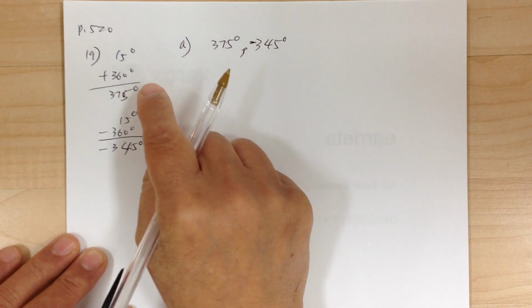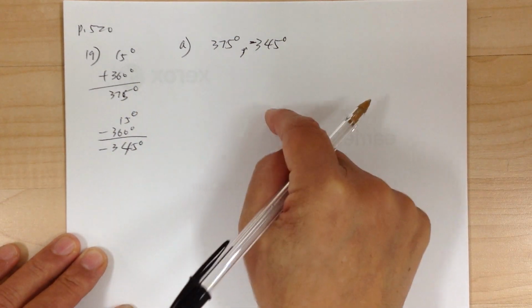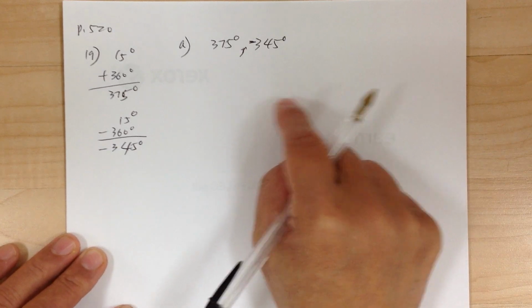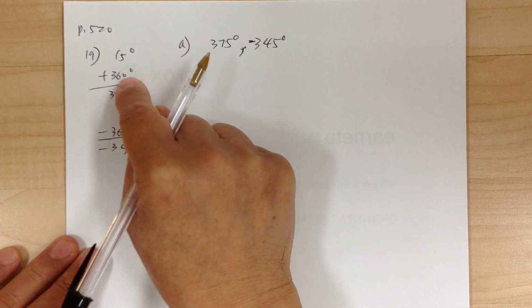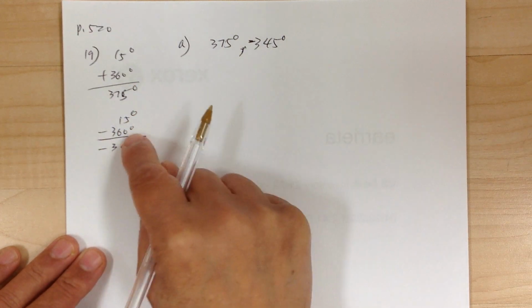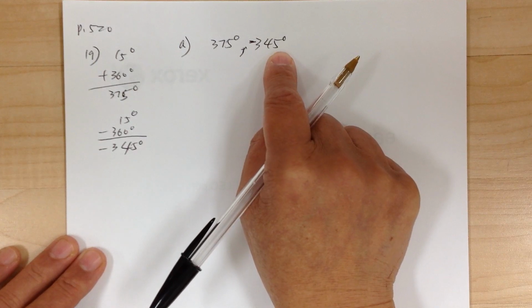So again, to find the coterminal means you go around the circle one time this way or going around the circle one time. Okay, so if you go counterclockwise, if you go this way, you just add 360. If you go this way, you minus 360. Okay, so one positive, one negative coterminal.